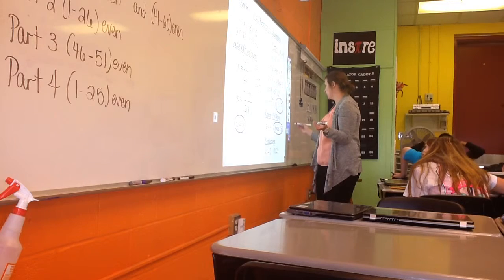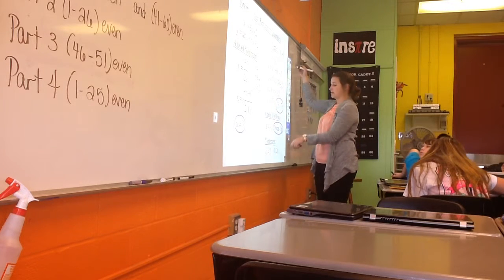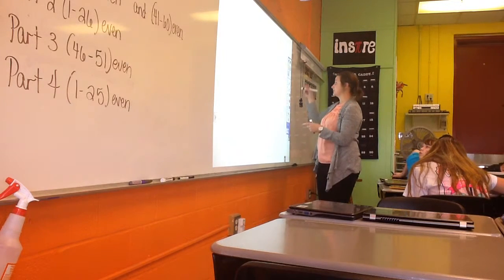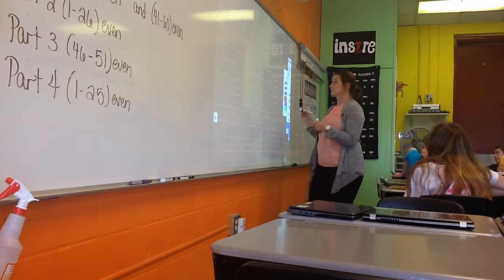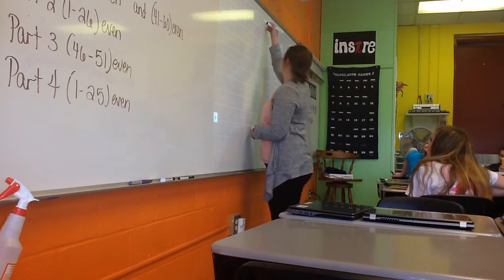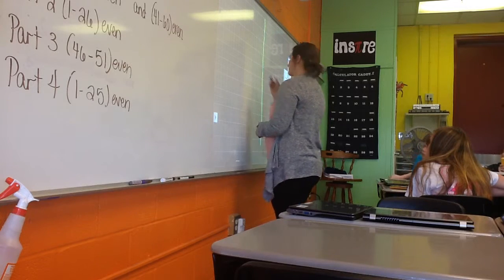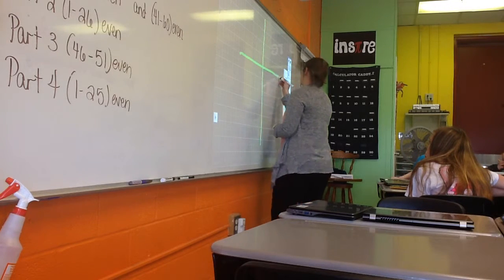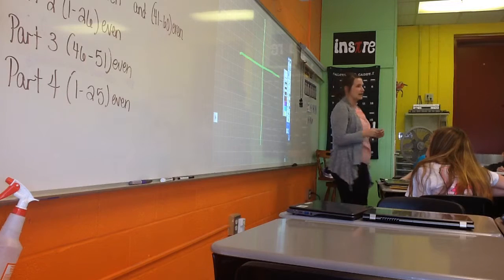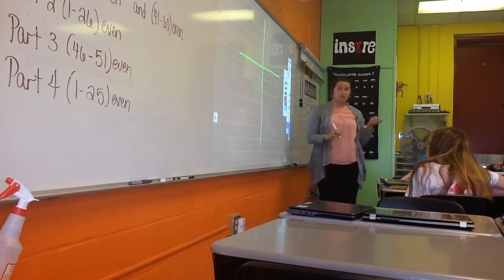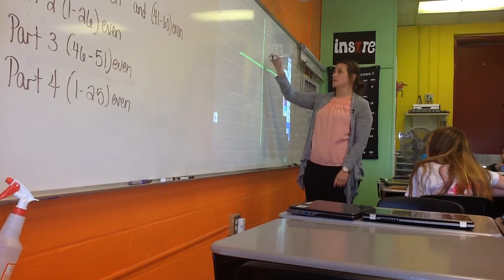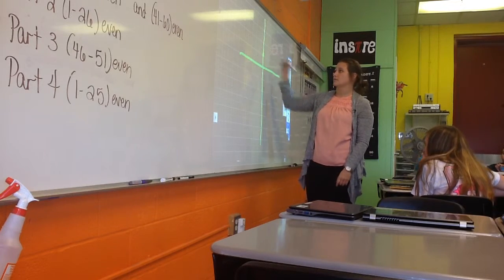Okay, so when I go to graph this, which we already graphed once, I'm going to show you graphing it using these points here. Where did I say I wanted to start? 0, 2. So I'm going to go 0 and up 2.